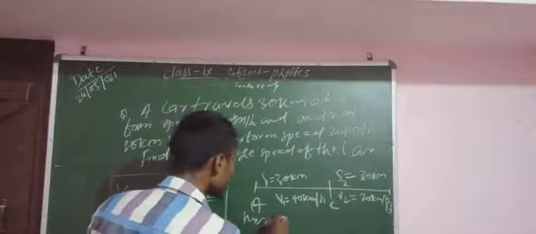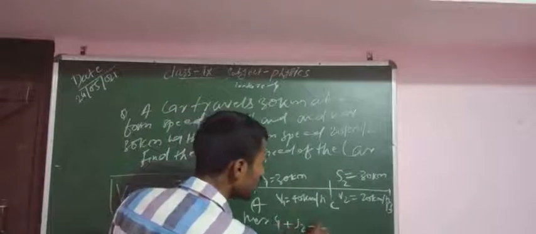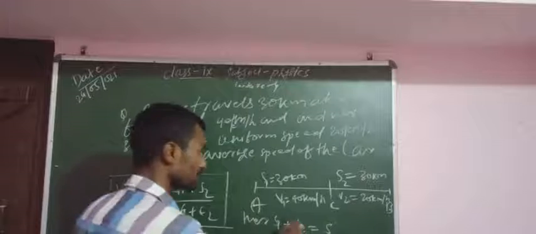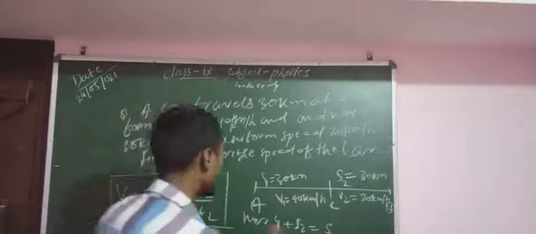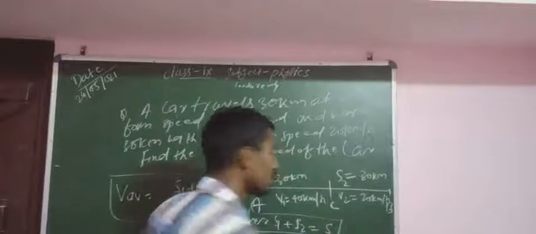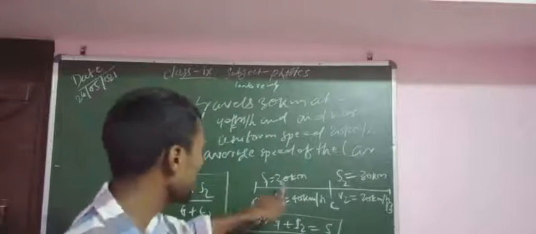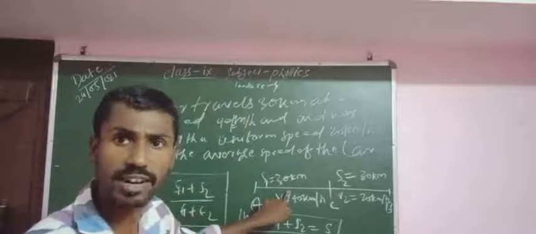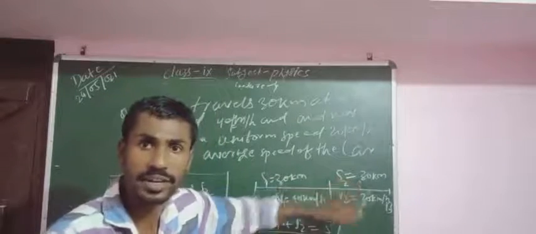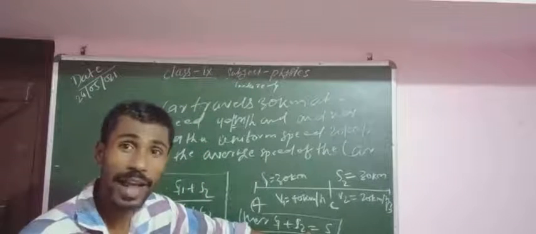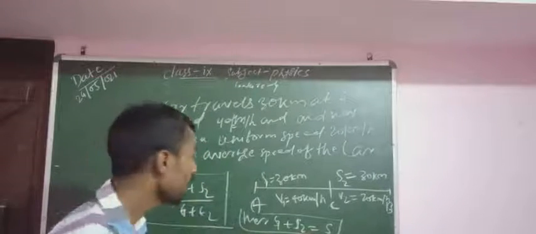Here S1 plus S2 will be equal to S, that means total distance. The total distance traveled by the car is 30 plus 30, that means 60 kilometer, that means capital S.